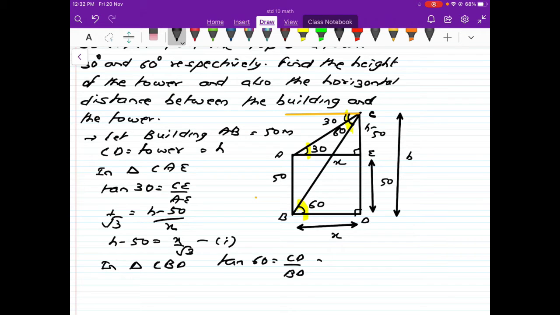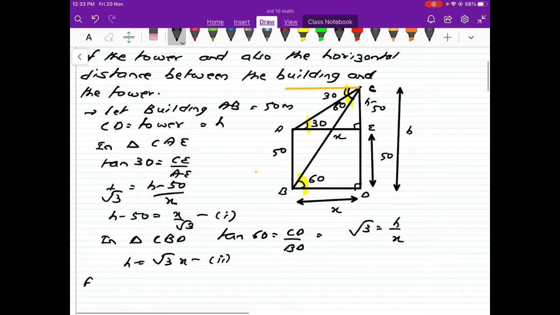The value of tan 60 is root 3, and CD, the height of the tower, is h, and this BD is equal to x. So from here I will get h is equal to root 3 x. So this is 2.